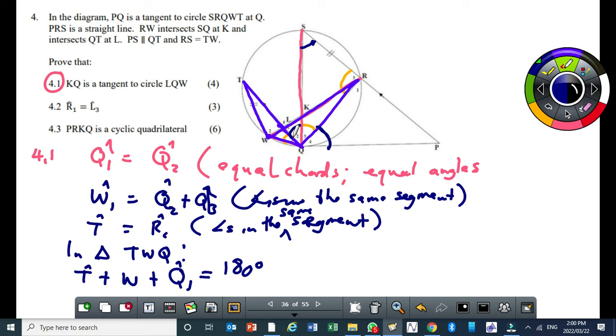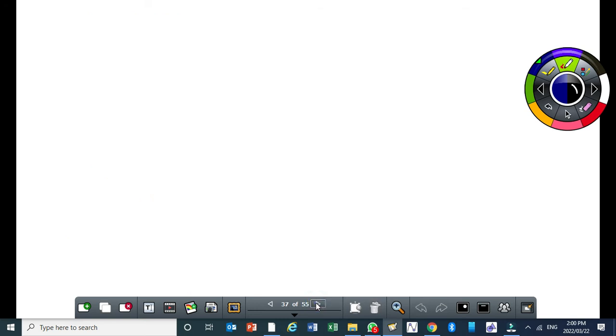Okay, let me write that down. So I'll say angle S is equal to Q2. So this is Q2. Okay, I'll give my reason here: alternate angles.